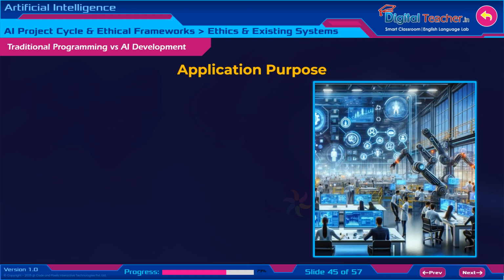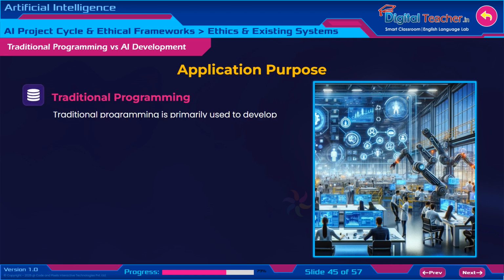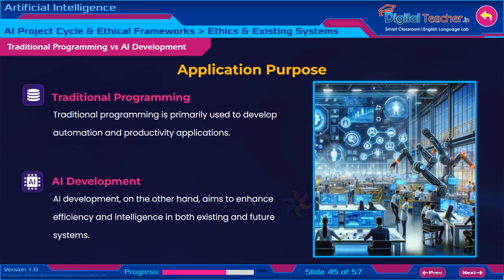Application purpose. Traditional programming is primarily used to develop automation and productivity applications. Artificial intelligence development, on the other hand, aims to enhance efficiency and intelligence in both existing and future systems.